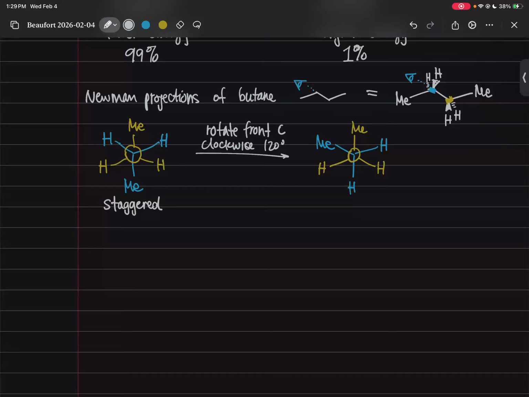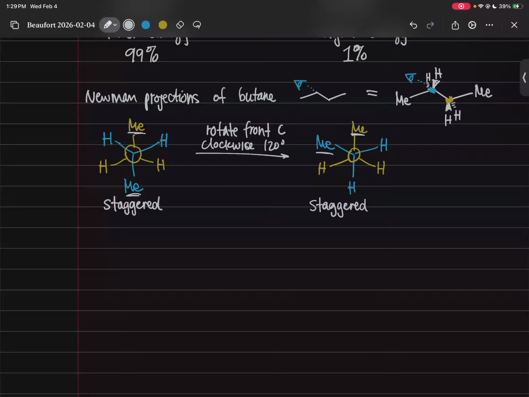So is this structure staggered or eclipsed? Yeah, still staggered. But it's different in that the methyl groups are far apart on the left and close together on the right.